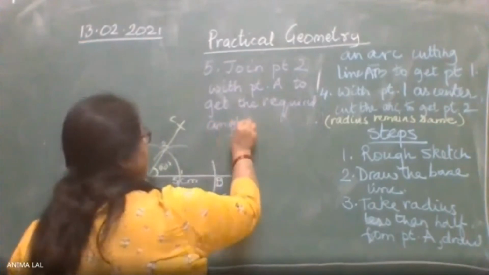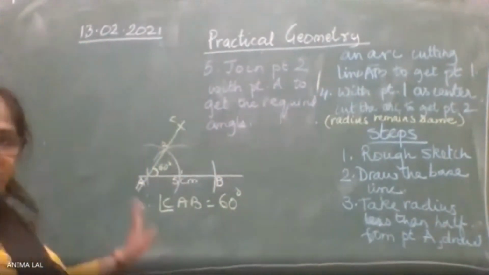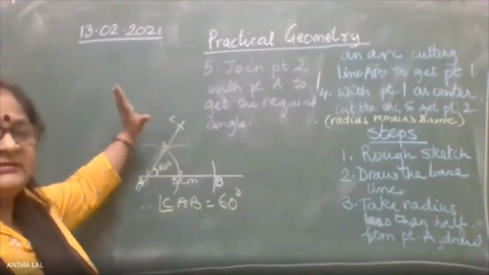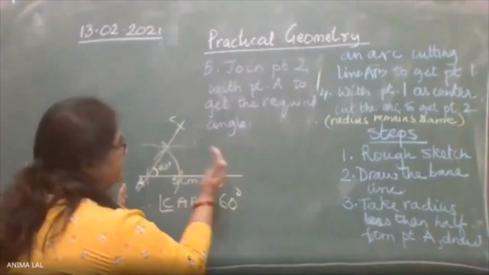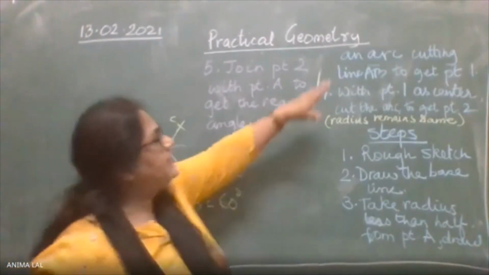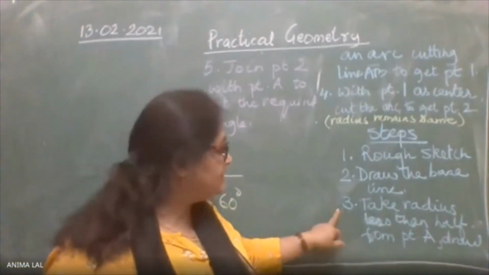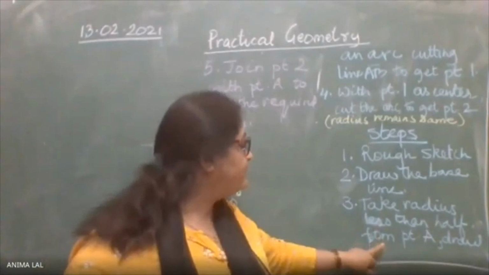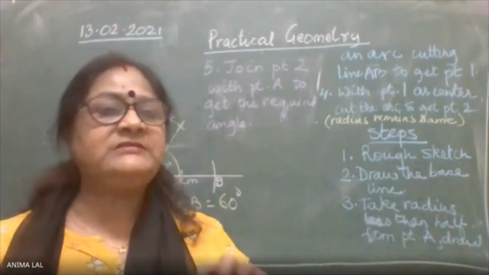Okay? Right. This is the manner in which it is done. Now the angle may be at B also. If the angle is at B, the same steps will be followed. The only thing is, in the 3rd step, instead of saying from point A, you will do it from point B. Okay?